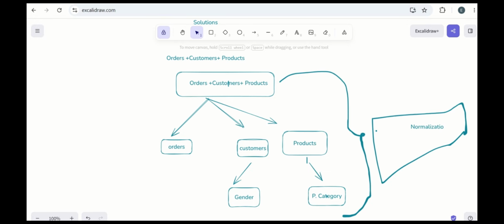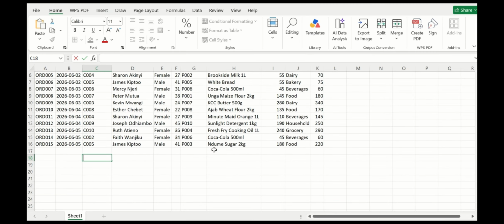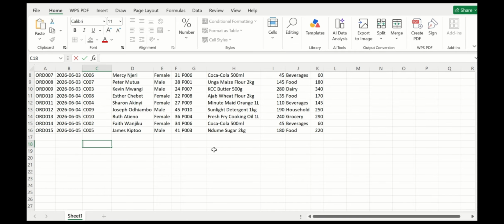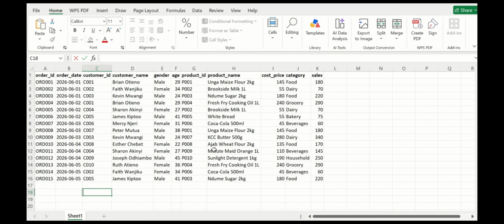Yeah, so now let's start breaking this table into smaller tables. Let's start with the customers.